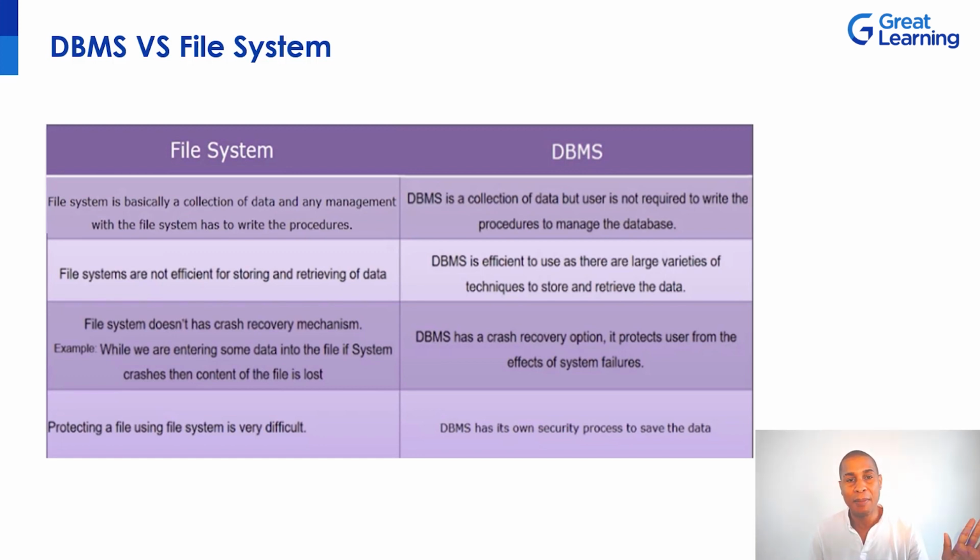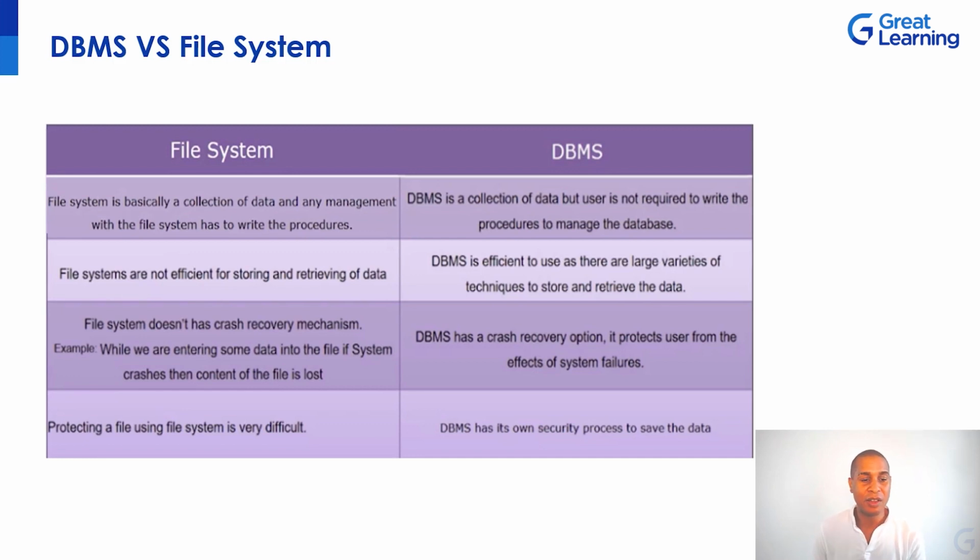While if we're talking about a file system, you're going to have to write those procedures and things on demand. And when we want to contrast efficiency, a file management system is not going to be as efficient as a database management system, which gives us a variety of techniques of pulling and accessing that data, as opposed to a file management system, which won't have that flexibility.